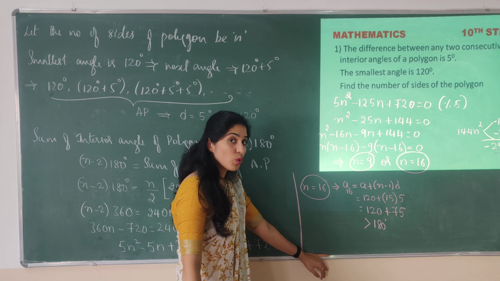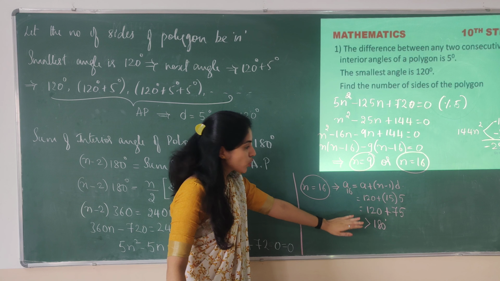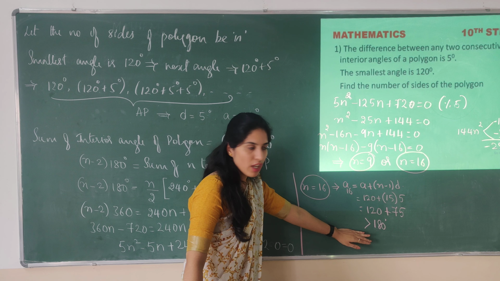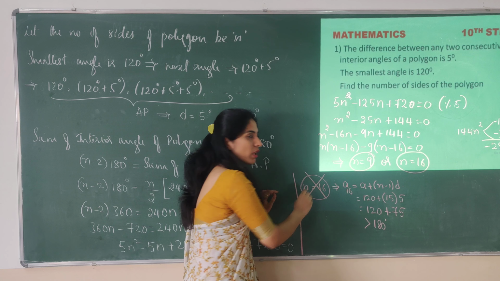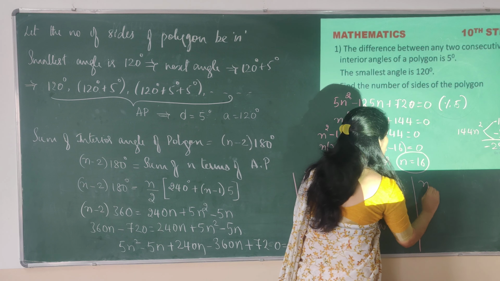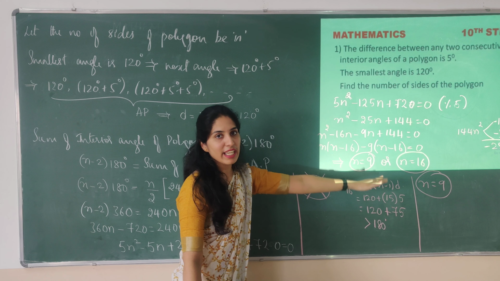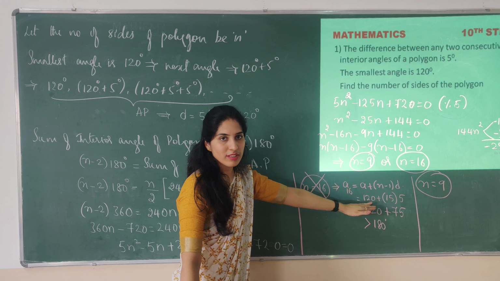We know the interior angle in a polygon should always be less than 180 degree, so we cannot take n as 16. So the number of sides of the given polygon will be 9, and it will be a nonagon. Thank you, students.